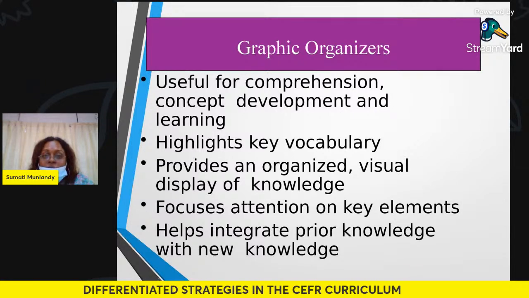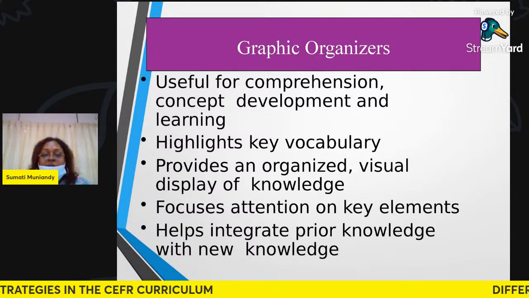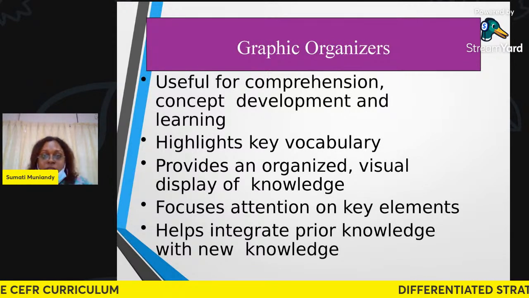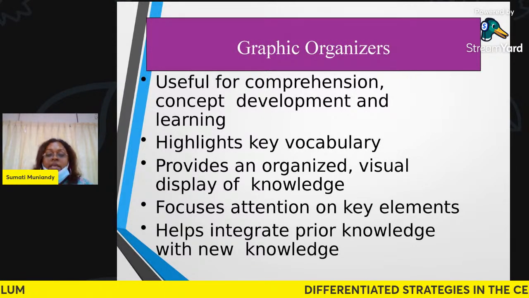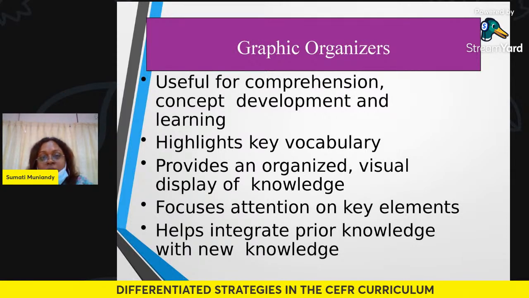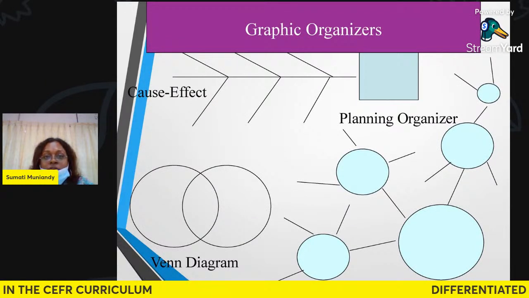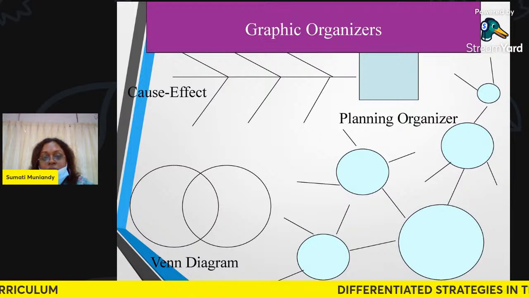All right, depending on the topics that you want to ask them to do. Okay, it helps integrate prior knowledge with new knowledge. All right, they have to use their thinking skills to organize all the points in the graphic organizers. All right, these are the things. I'm sure you can try this out in your classroom.